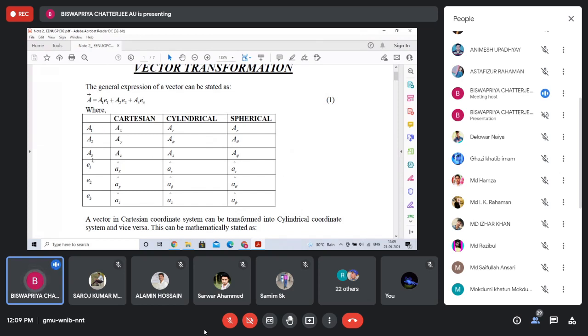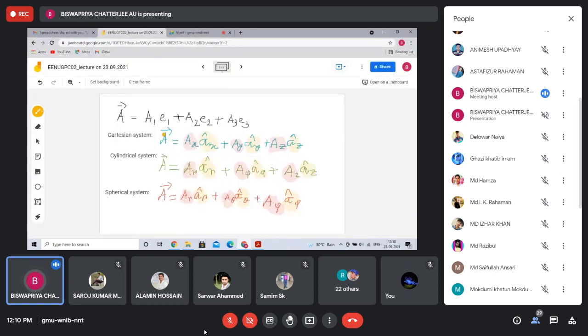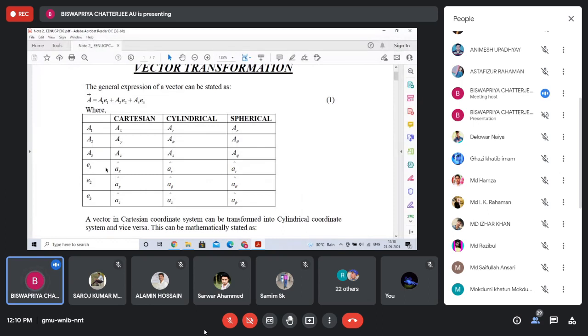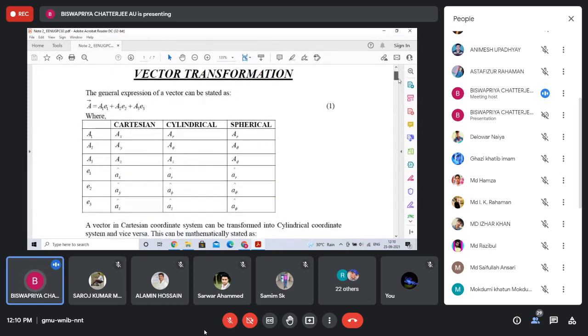The definitions of a1, a2, a3 and e1, e2, e3 in the respective coordinate systems are all mentioned here. Whatever I have written in this slide is all mentioned in tabular form. You can go through it and it will be clear to you.